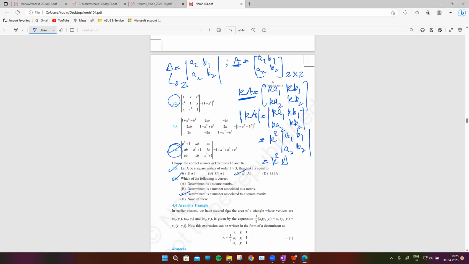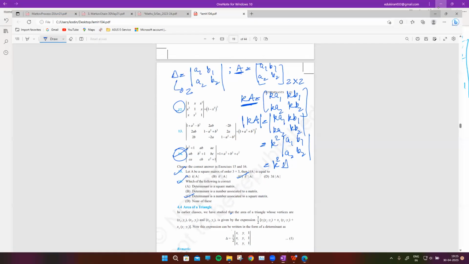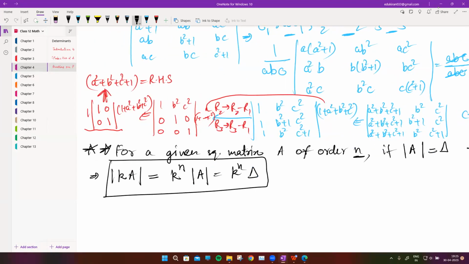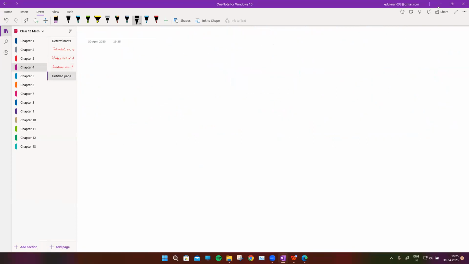Now, after this, we can start with area of triangle. Please try to solve these questions, guys. Otherwise, it will be difficult to cover this particular topic later on.